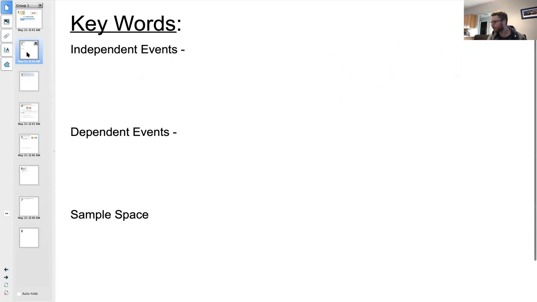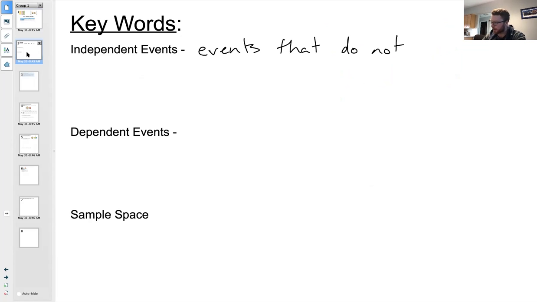Okay, so we got to go over some definitions first. So number one, independent events. These are events that do not influence one another. So for example, flipping a coin.